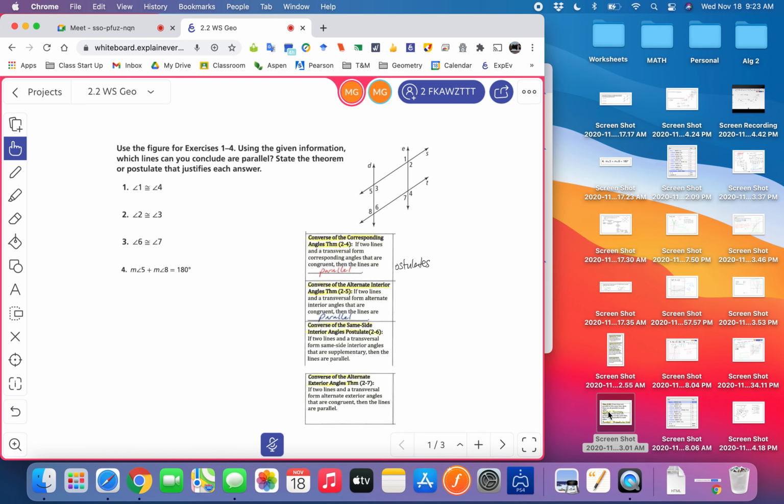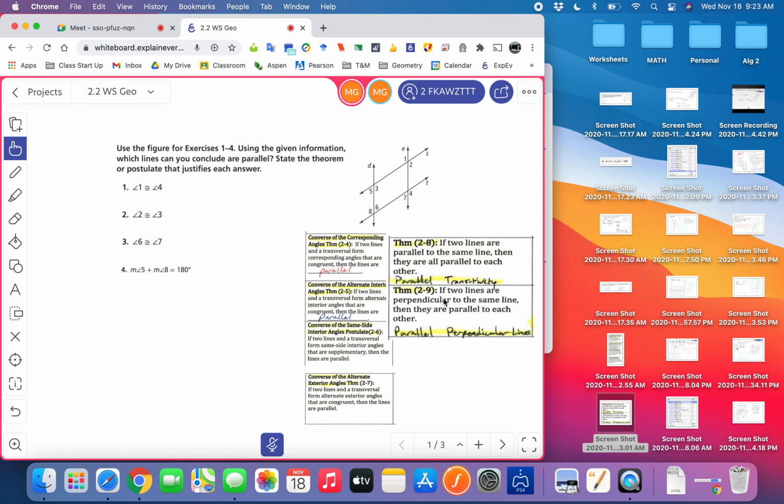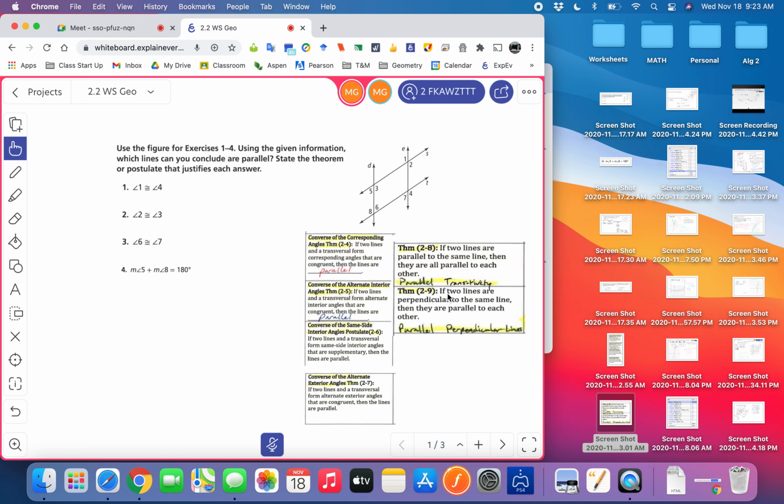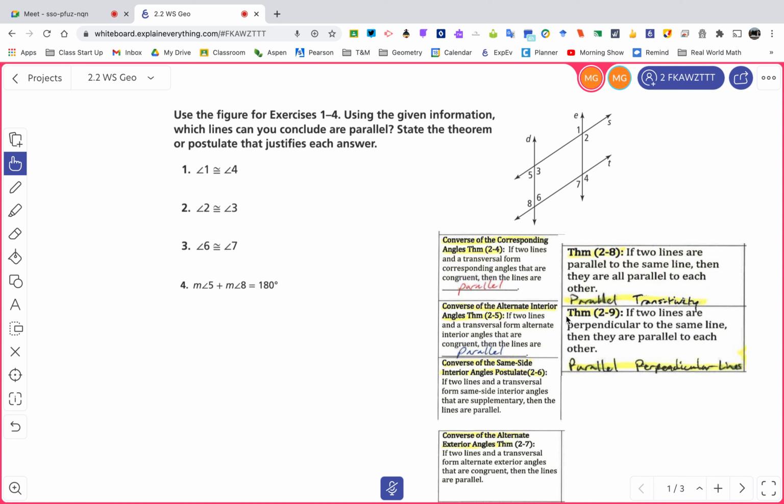All right, should work. So there's your theorems and postulates.